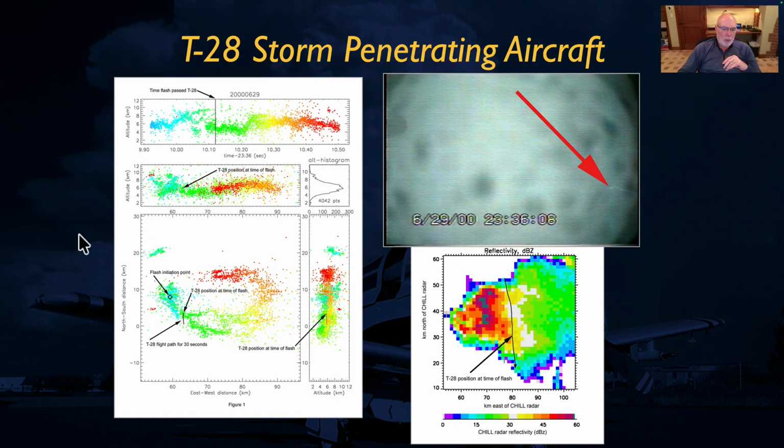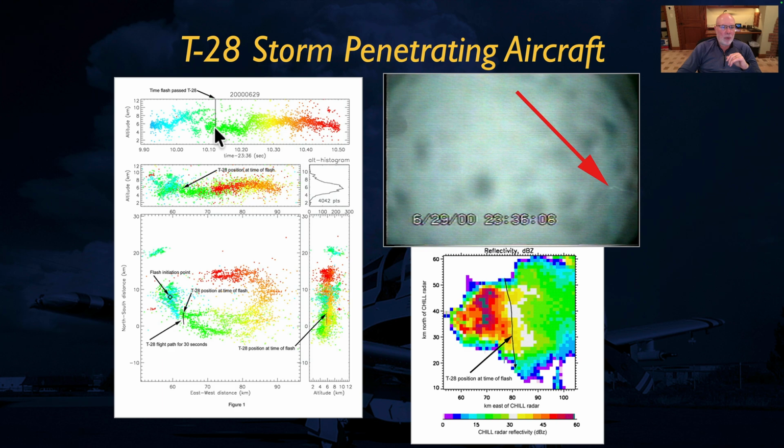What we're looking at here, looking from the top down in this particular box, is a rainbow time coding over time. It starts off in the blues, and you can see the time progress here at the top. This is time versus altitude. The flash starts, climbs up, and then continues or restarts at a lower altitude.